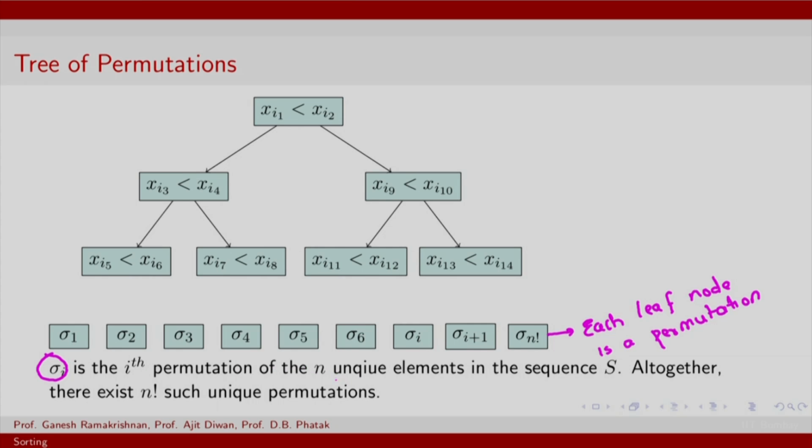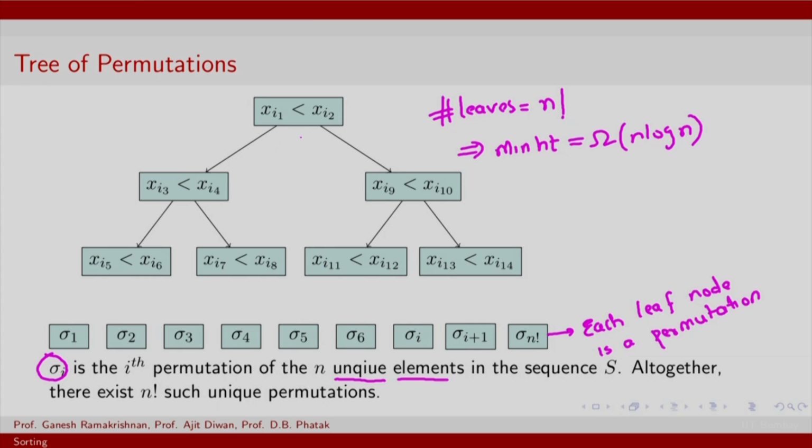We have actually made an assumption that we are dealing with unique elements. It's possible that some of the numbers get repeated. The analysis is not very different in that case. As we discussed, the number of leaves is n factorial, and this implies that the min height of such a tree is omega of n log n.